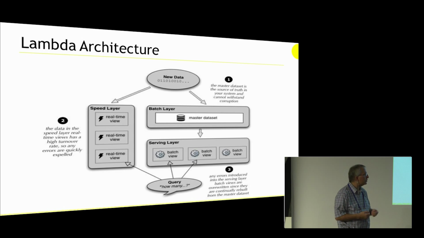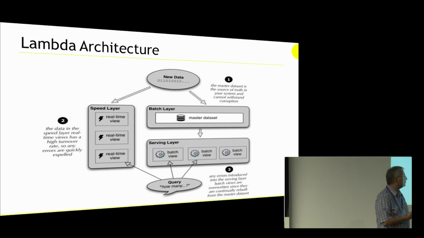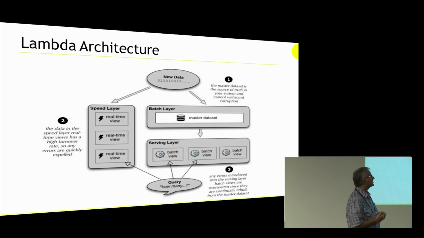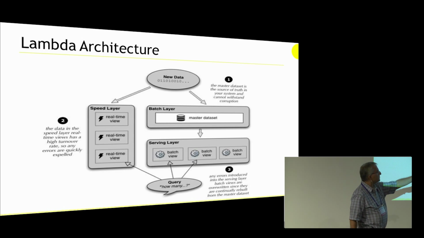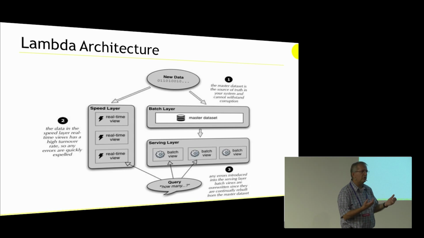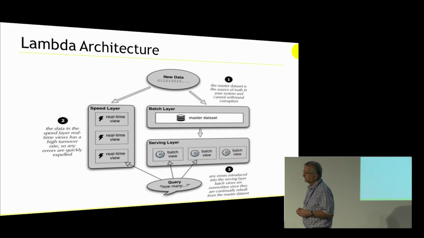And when you query the data, and when you want to provide your users with the data, and again, this is, of course, based on whatever use case is used, you actually send the query both to the batch view or the serving layer and the speed layer. You collect the data, you combine the data together, and you can offer the user the most current data.